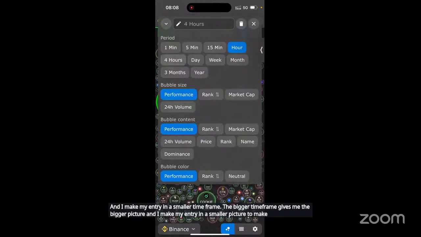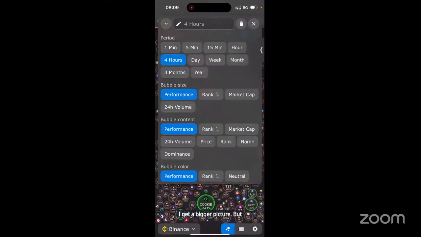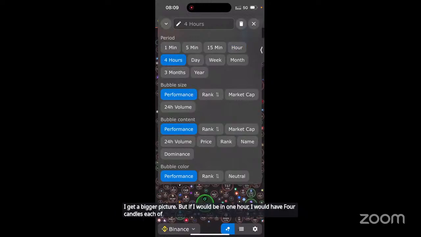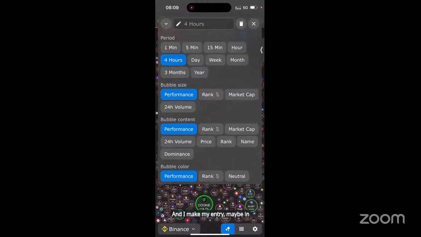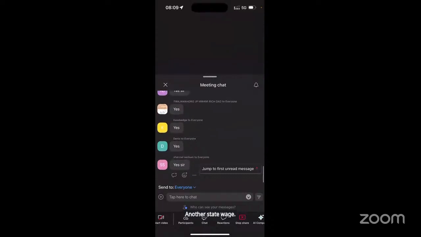The same goes for 4 hours. When I put the market in 4 hours, I get a bigger picture. If I were in 1 hour, I would have 4 candles, each of 1 hour, but since I'm in 4 hours, I will have 1 candle. So I look at the market in 4 hours and I make my entry maybe in 15 minutes to get into the market earlier. Another statement: give me a free if that is clear.